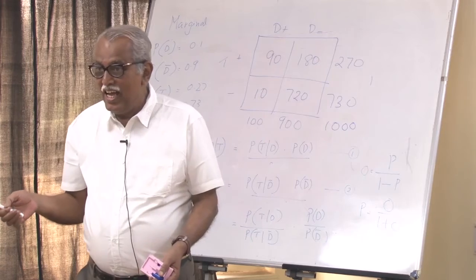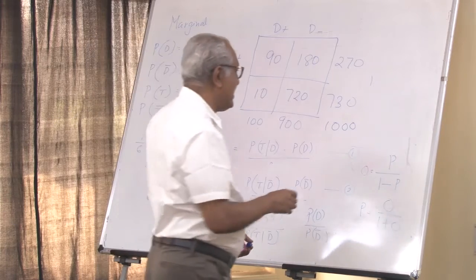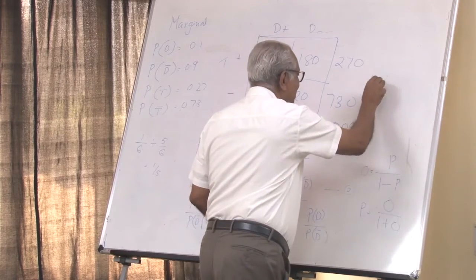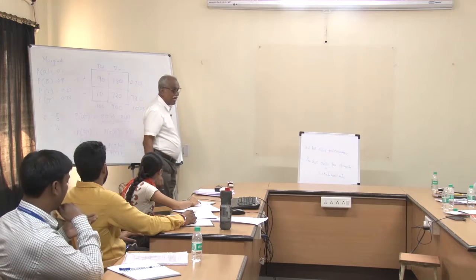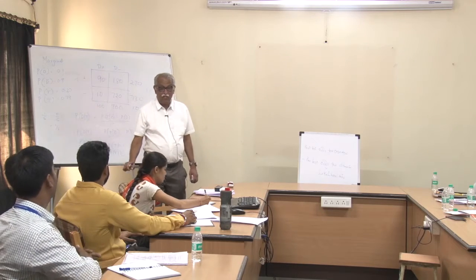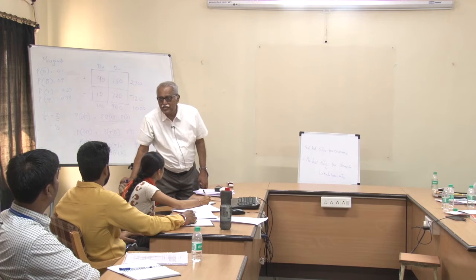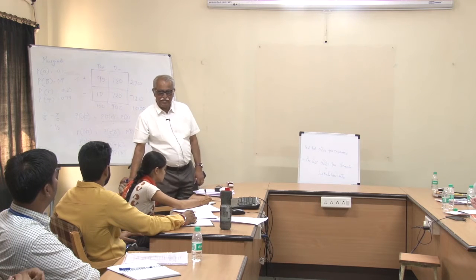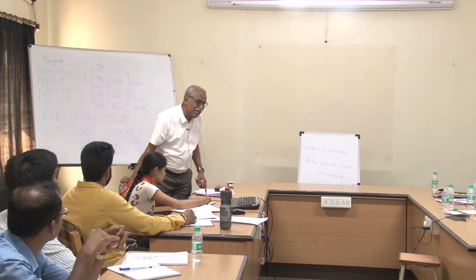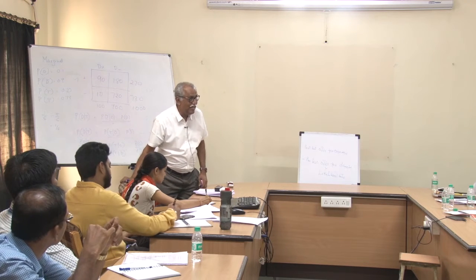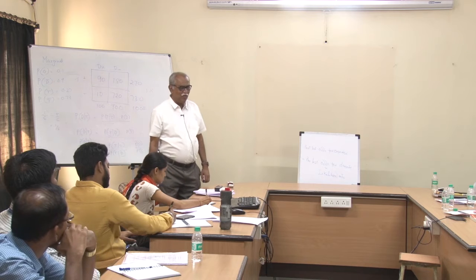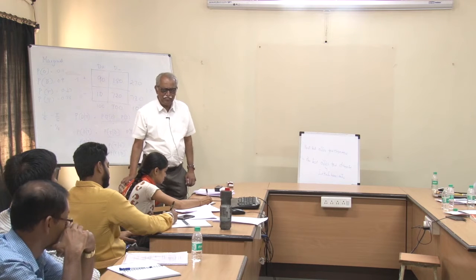Okay. Now multiply by my likelihood ratio. Now likelihood ratio for Vidal. Vidal approximately has a sensitivity of 90%. And approximately has a specificity of 90%. So what would be the likelihood ratio?